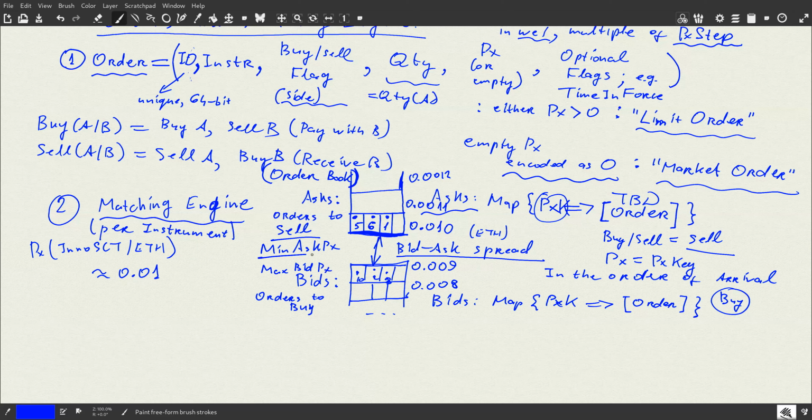These two entities you absolutely need to remember. We'll see in a second why. And obviously then this bid-ask spread is precisely the difference: minimum ask price minus maximum bid price.